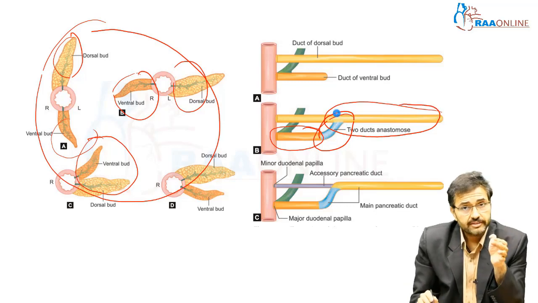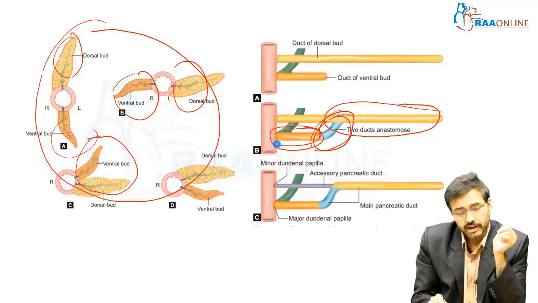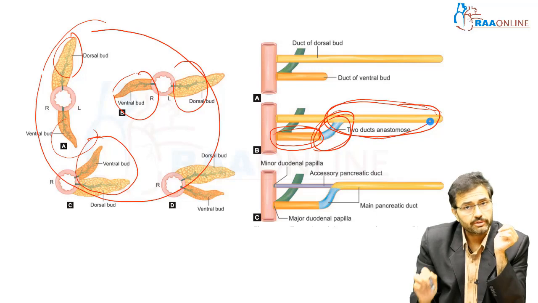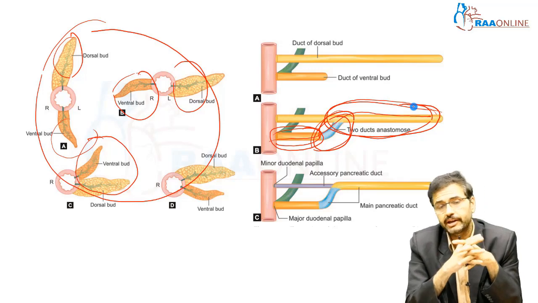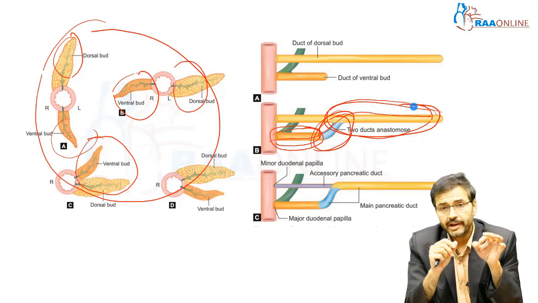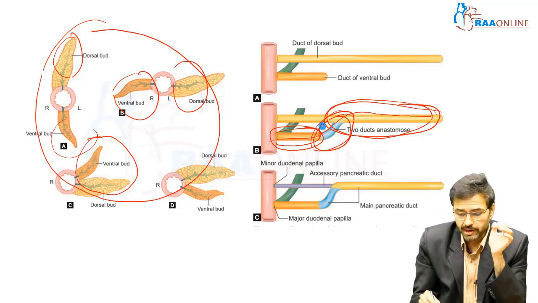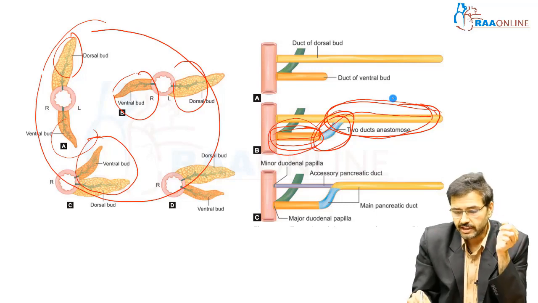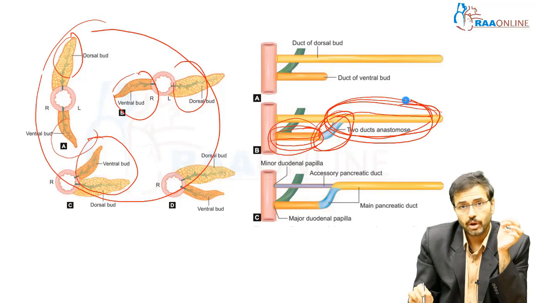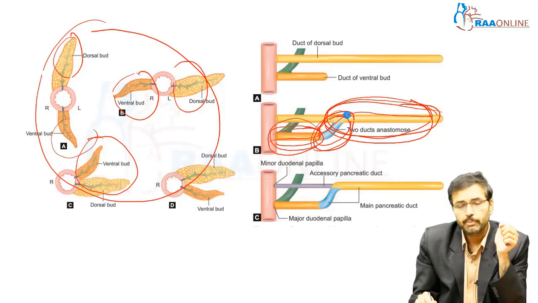This structure later forms the major pancreatic duct. So the major pancreatic duct, the proximal end of it is derived from the ventral bud, and the distal end of it is derived from the dorsal bud, with an in-between communication.